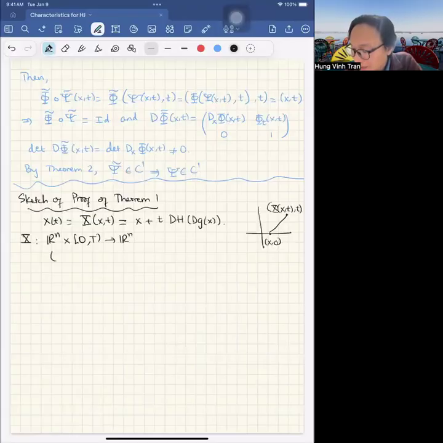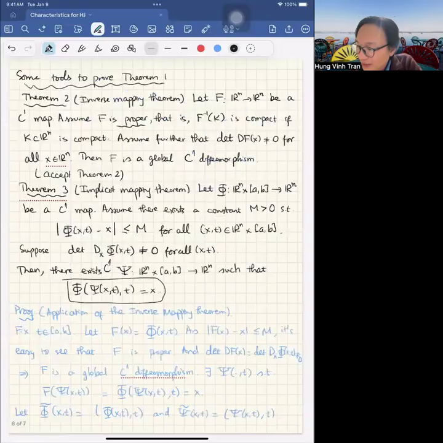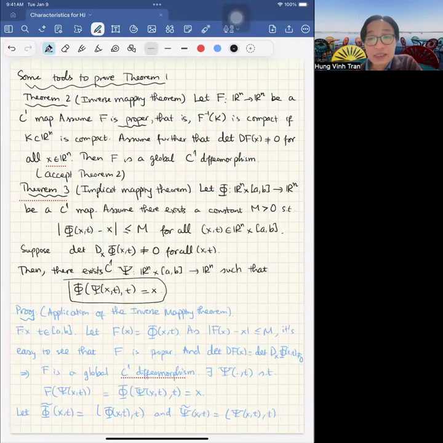I take little x and t, and map to capital X(x,t), the location of our characteristic at time t, x plus t times Dh of Dg of x. This is a C1 map, because h and g are given to be C2. Now I need to verify that it satisfies the assumption of theorem 3, which I'm going to apply.